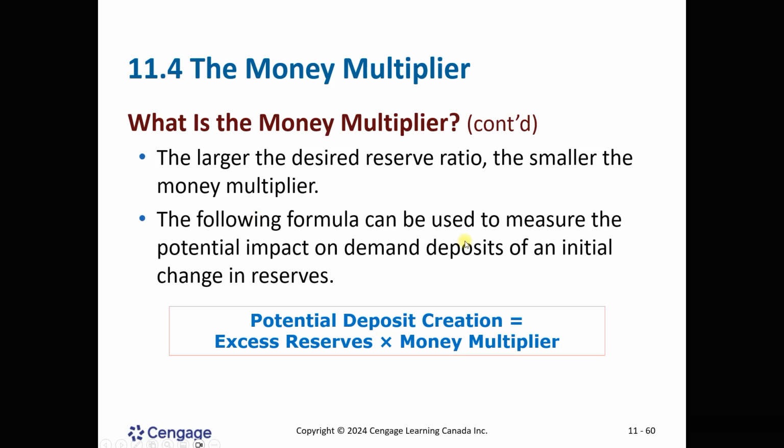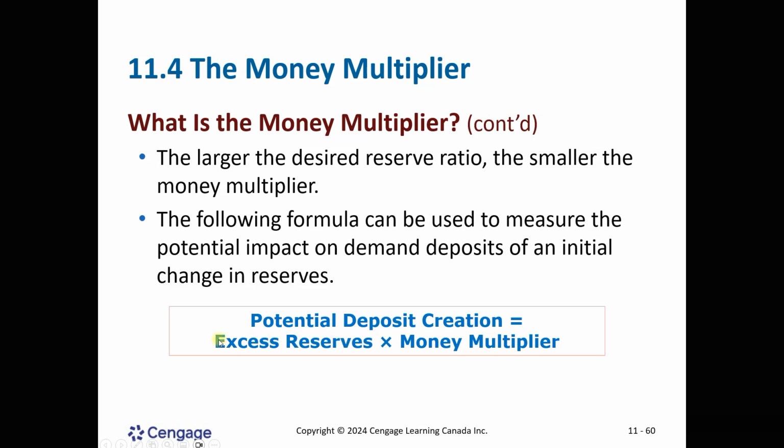The following formula can be used to measure the potential impact on demand deposits of an initial change in reserve. So we are looking at the initial change in reserve. So we are saying potential deposit. Note the word potential: the potential deposit is simply the excess reserve multiplied by the money multiplier.